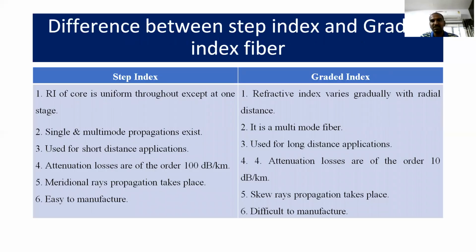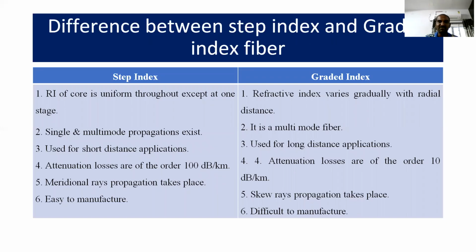Then what are the main differences between step index and gradient index fibers? In step index fiber, the refractive index of the core is uniform throughout except at one stage. But in gradient index fiber, the refractive index of the core varies gradually with the radial distance. Step index fiber supports both single mode and multimode propagation, whereas gradient index fiber supports only multimode propagation.